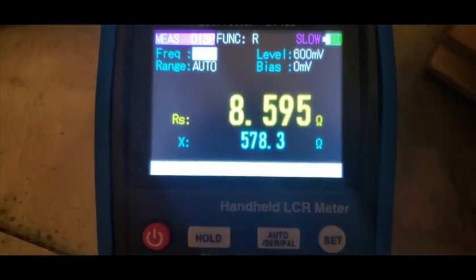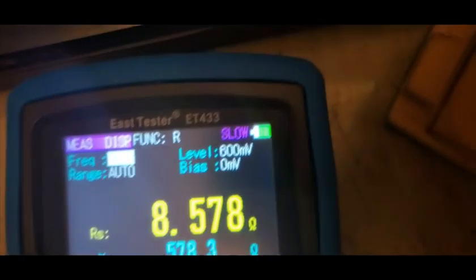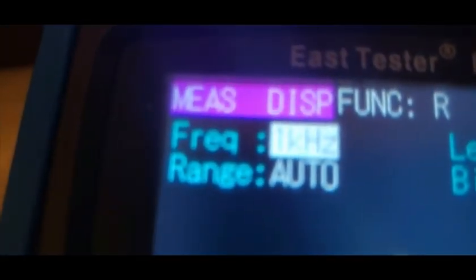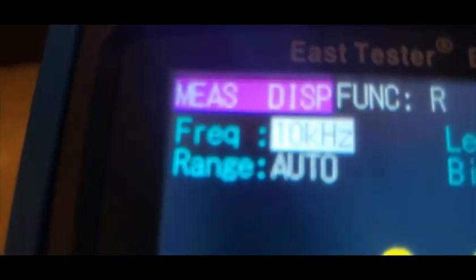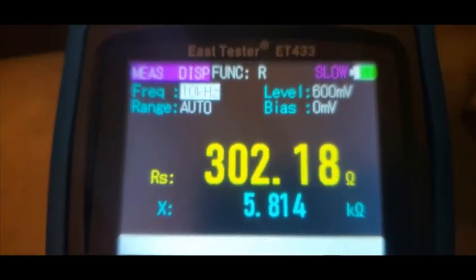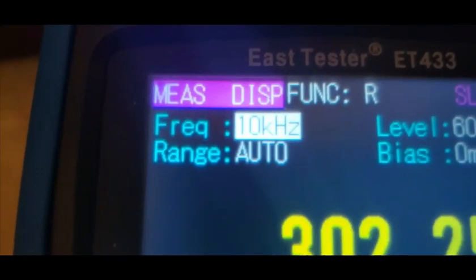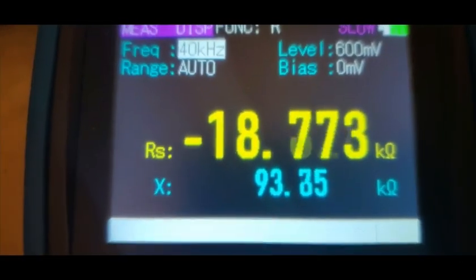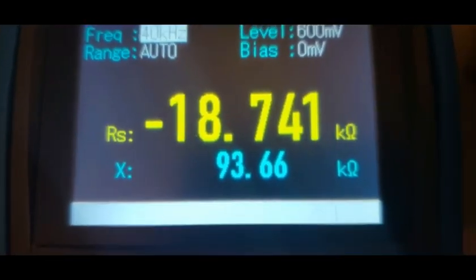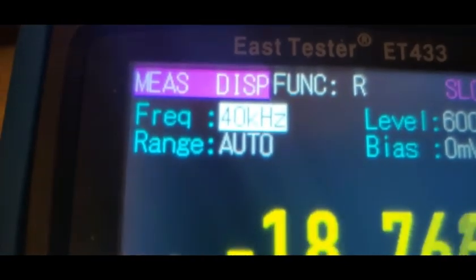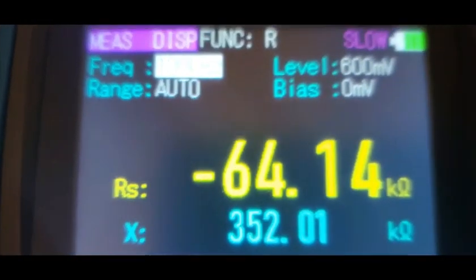So now we're at 8.5, and if I go to the next, it just jumps to 10, we're at 300 hertz. For some reason it starts to put a negative there, and we're at 18 kilohertz, and now we're at 64 kilohertz.